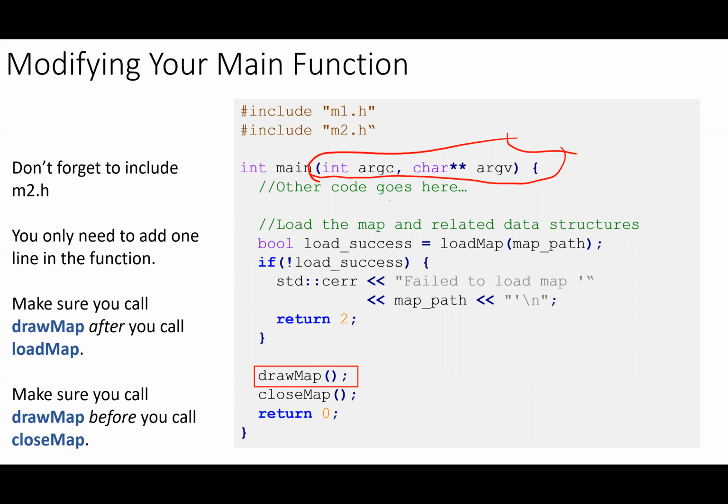On the other hand, you don't have to. So you can just ignore this stuff if you want. But that's, for example, one way you could get the name of the map: to read command line arguments using this. This basically says, here are the number of words the person typed, and here are those words. So if you want to, you can use that to have options when the program is started.